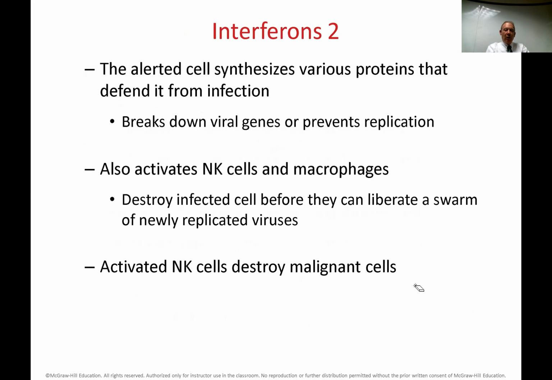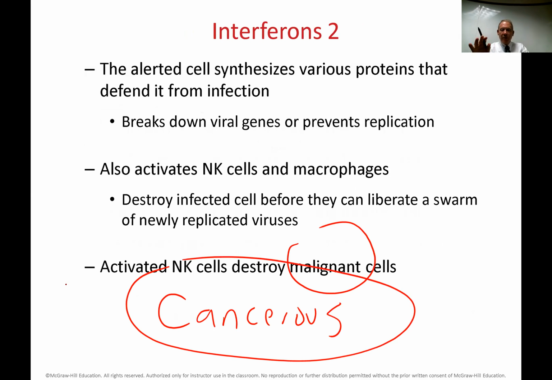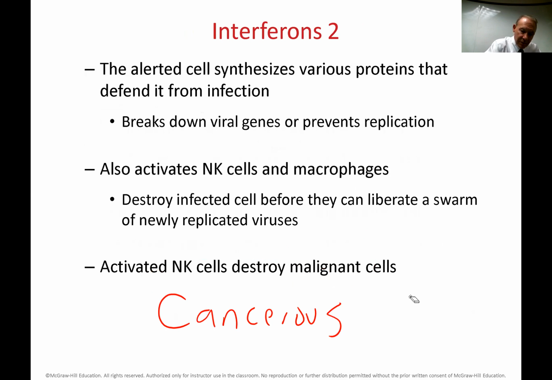The interferons will also activate natural killer cells and macrophages. And when the natural killer cells are activated, they also help destroy malignant cells. And when I say malignant, I mean this. So keep in mind, your immune system is not just to protect you against infectious diseases. It also serves to protect you against cancer.